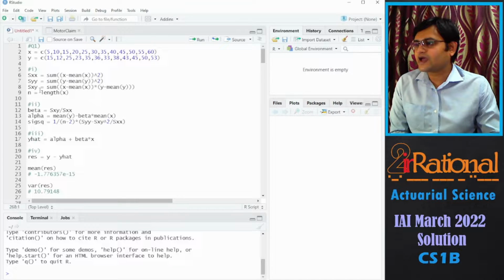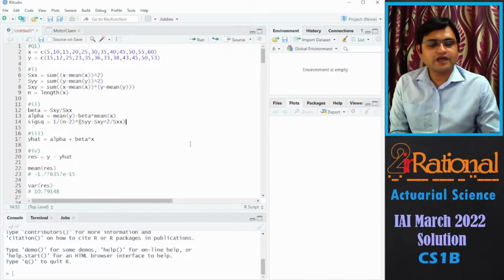Syy similarly, and Sxy would be sum of x minus mean into y minus mean. And I have taken n as the length of x. Of course, you can take length of y as well, they are the same. Then our beta would be Sxy upon Sxx. Alpha is going to be mean of y minus beta times mean of x.